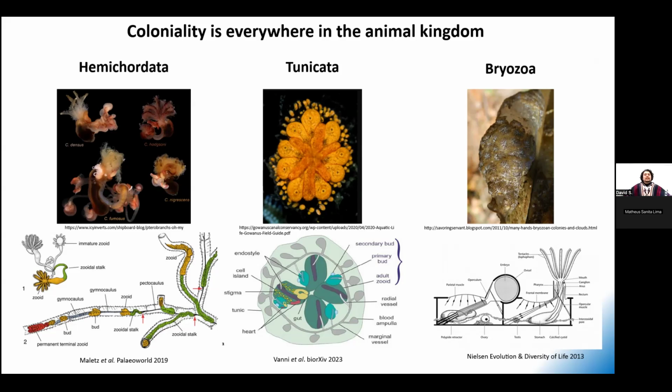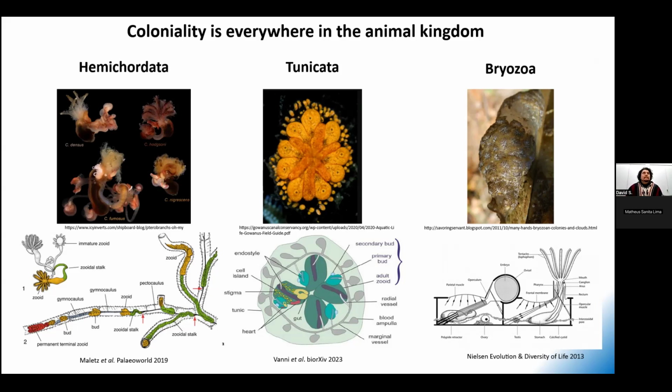Another peculiarity is that in all colonial animals, growth and reproduction are mostly integrated. A colony works as an individual. So we classify it as a single physiological unit.